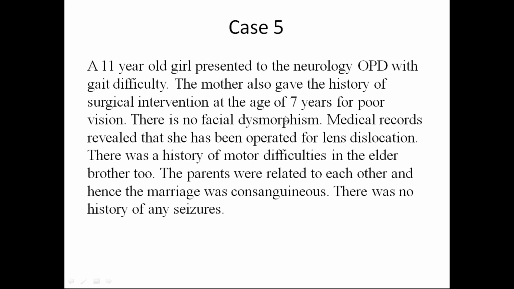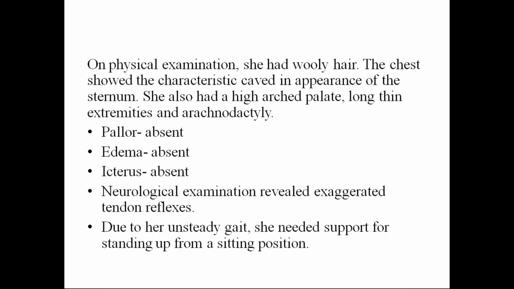So all this history is significant: difficulty of posture, poor vision, lens dislocation, right? These are all significant history and also significant family history. Okay? Coming to the examination, on physical examination, the body habitus is one of the significant findings.